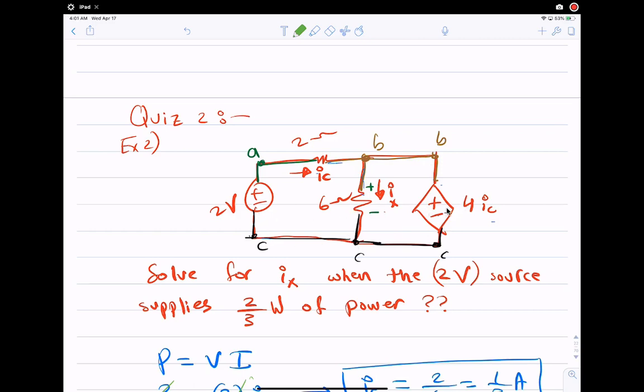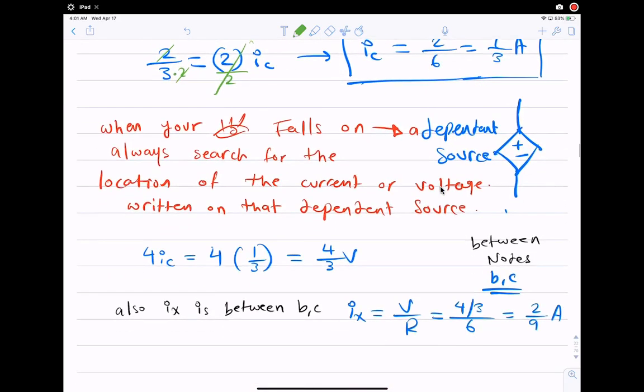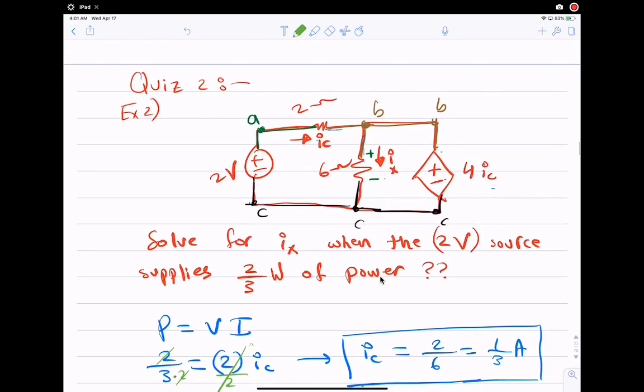If you look at this voltage source, it has the letters BC. How about this resistor, BC? Since they're sharing the same nodes, we said they are parallel. Parallel means they have the same voltage. If this voltage is 4 over 3 volts, this means that this resistor has the voltage of 4 over 3.